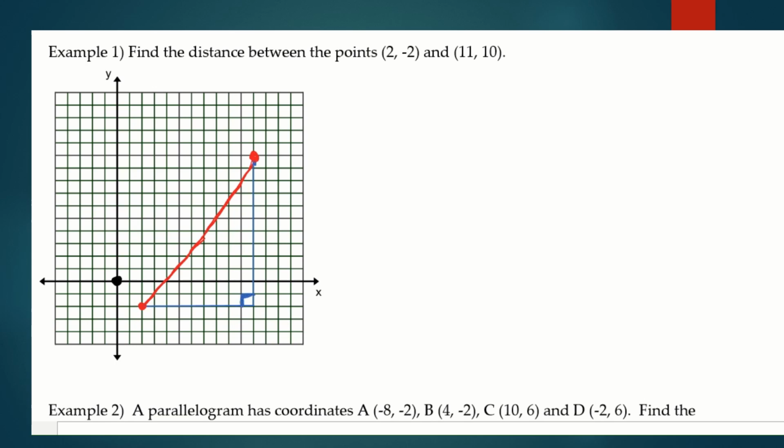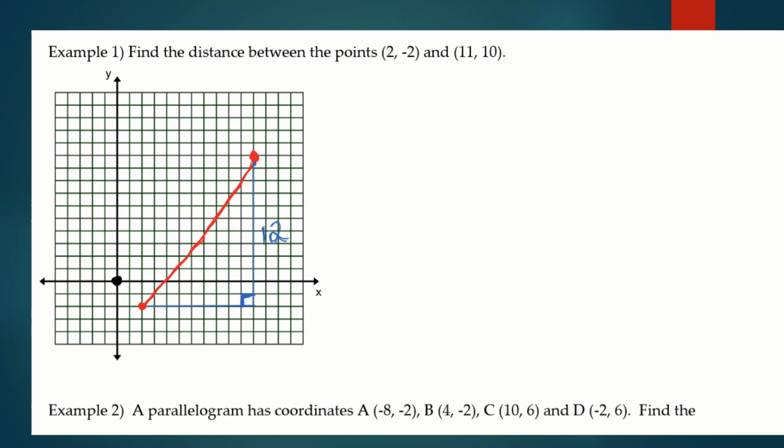Okay. And what we're going to do is we can get the distance for our legs by counting. So notice that we can actually tell what the distance is if we count down. Starting at this top point here, I'm going to count down 1, 2, 3, 4, 5, 6, 7, 8, 9, 10, 11, 12. So the length of that side is 12.